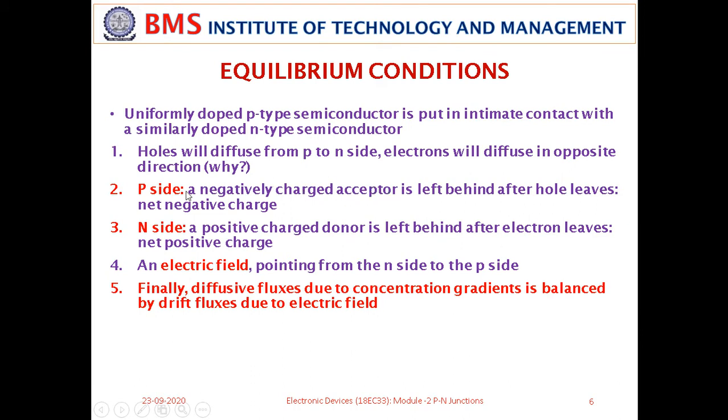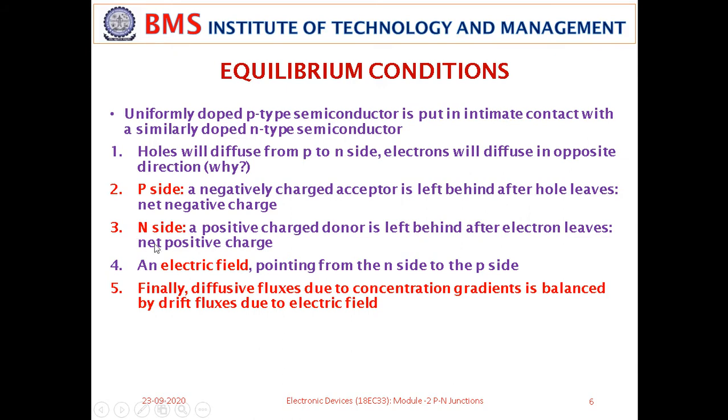When the hole leaves its position on the p side, it creates a negatively charged acceptor, an immobile charge on the p side. Since the hole has moved to the n side, the p side has now become negatively charged. So, you can see the negative charge on the p side here.